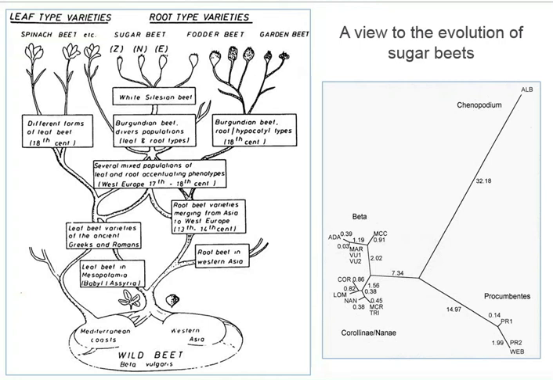We have Adenensis, which is somewhat crossable, macrocarpa. Then we have another group, or another tribe, Corolla nanae group, and then the procumbens group that really has recently been a new genus. And then the outgroup is Chenopodium alba.